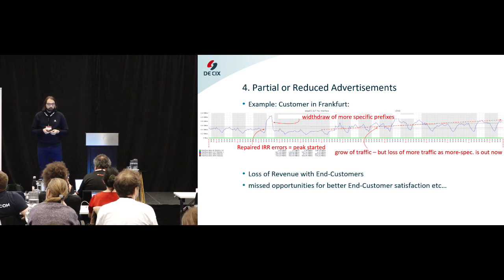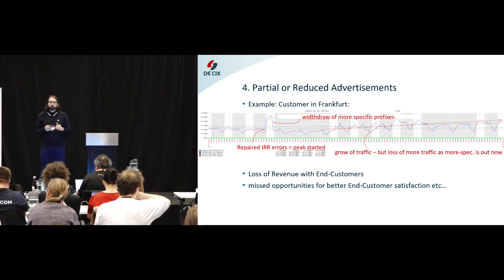And then he did withdraw more specific prefixes. So this is the natural maneuver to prevent traffic. So you take this out, then you can see the traffic level decreased compared to the previous state, and then it grows again.